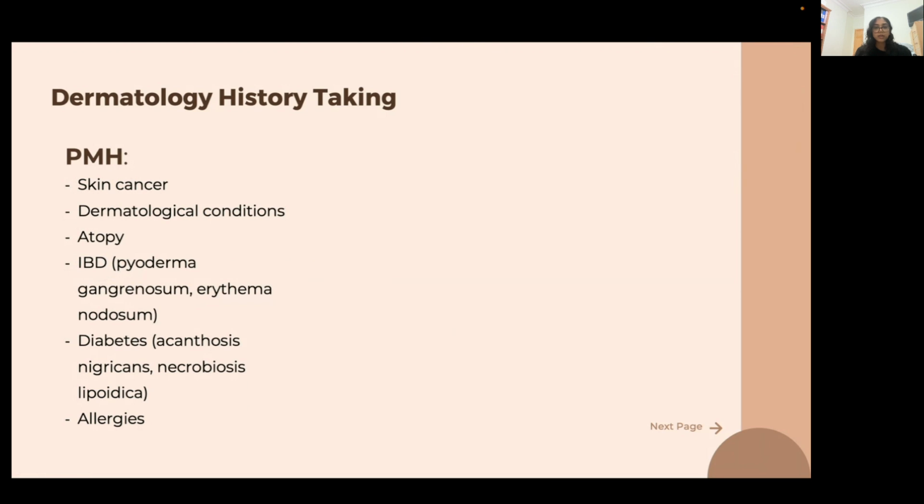Diabetes can cause acanthosis nigricans, which is when there's hyperpigmentation of the skin, particularly in areas like under the arms. And finally, we want to ask about allergies too, because something like an itch or a rash could be related to an allergy. So it's important to be aware of any of those.